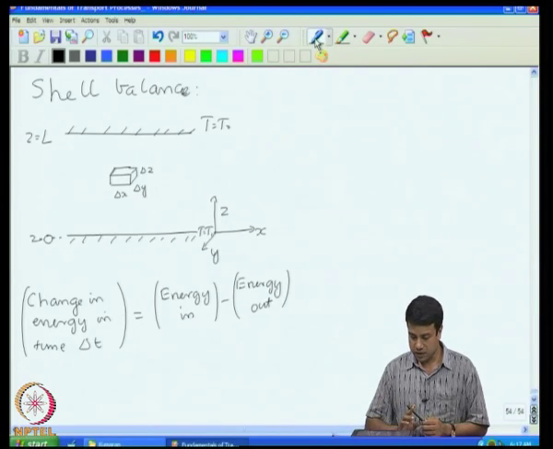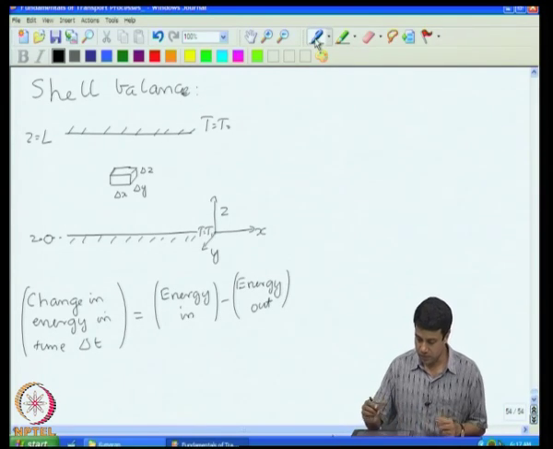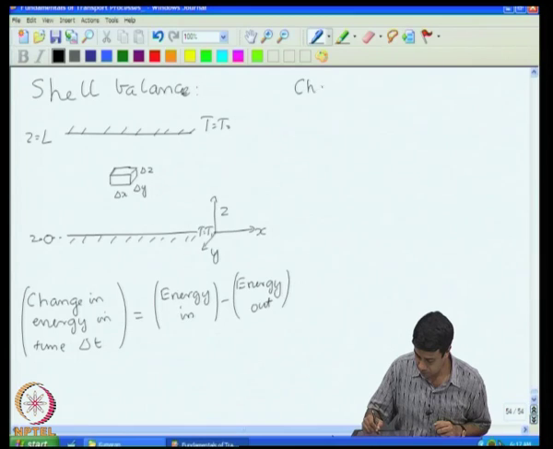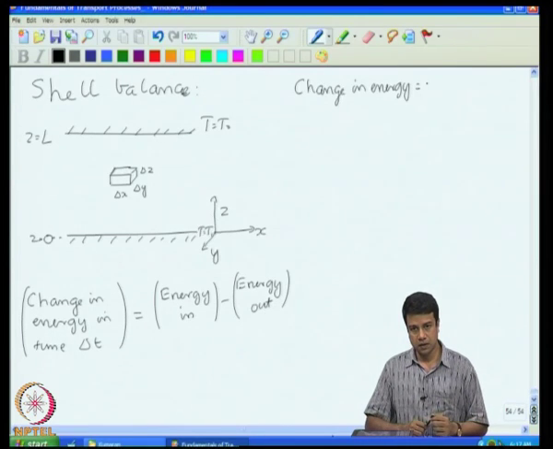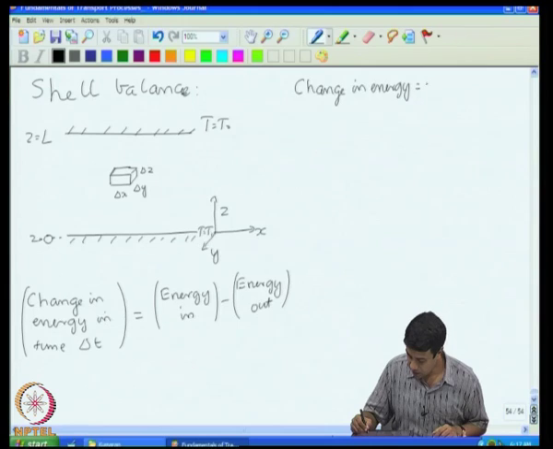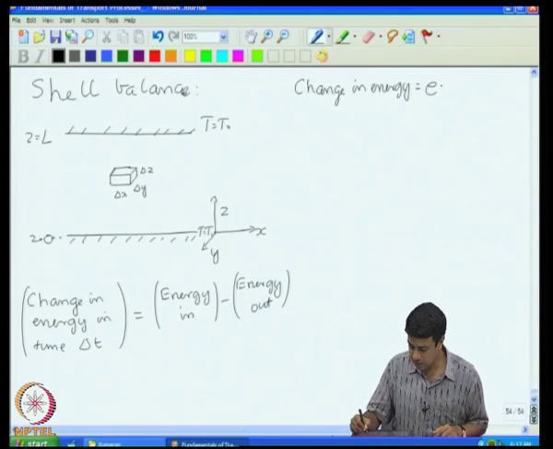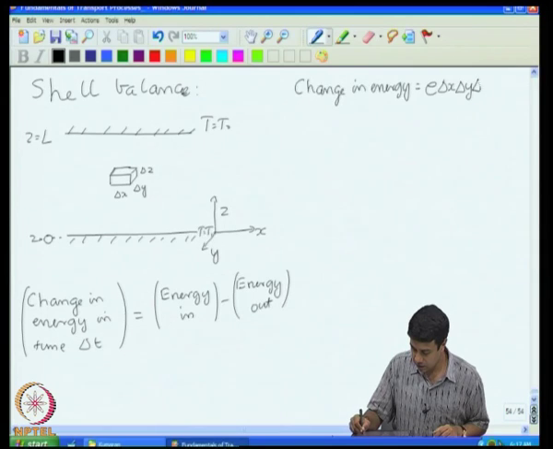What is the change in energy in a time delta t? The change in energy in the time delta t is equal to the energy per unit volume, the specific energy, times the volume, which is delta x, delta y, delta z at time t. Okay.